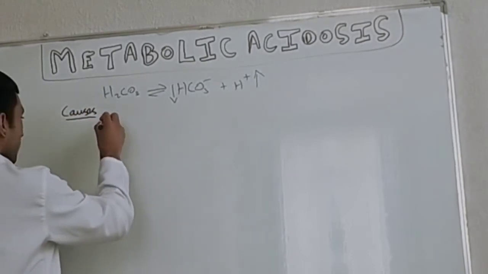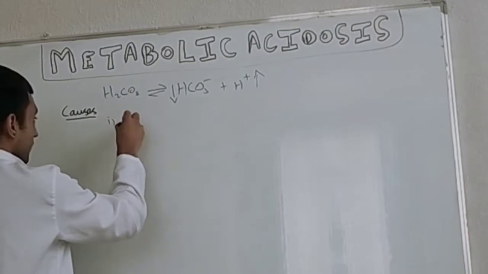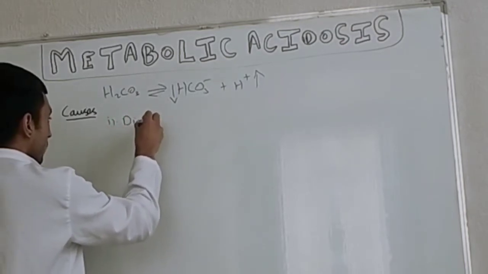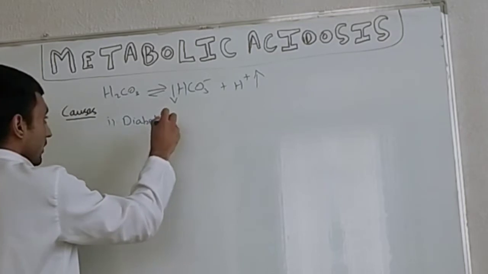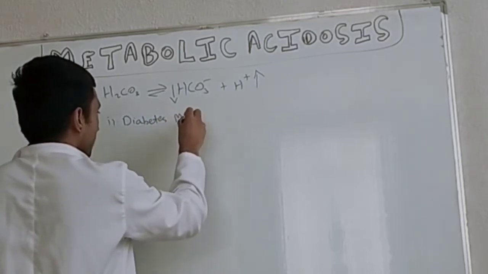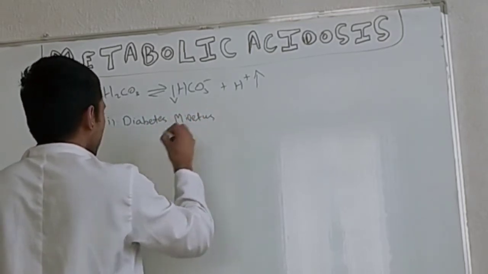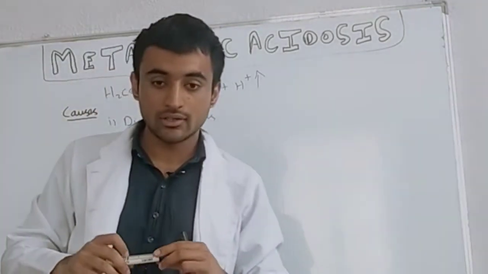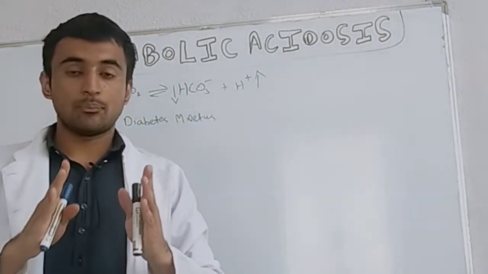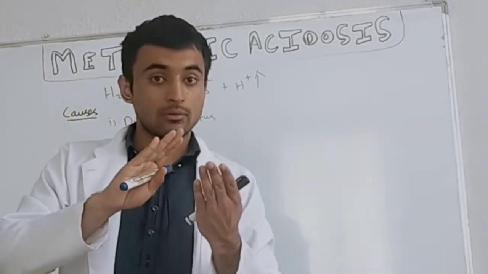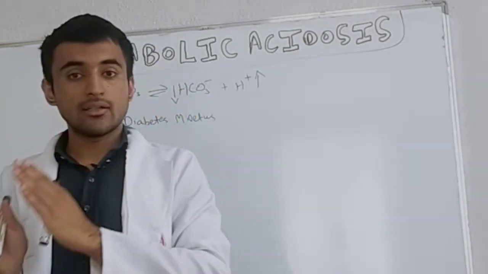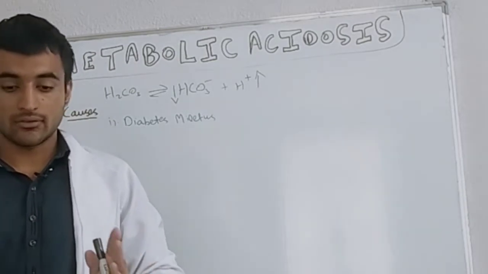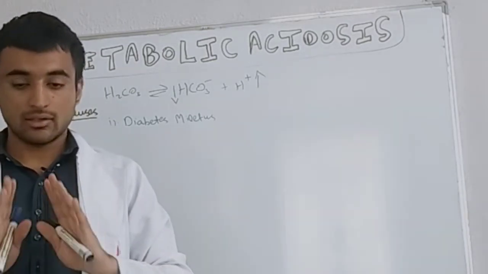First of all, the first cause is diabetes mellitus. Diabetes mellitus is a major contributing factor in causing metabolic acidosis. So how does diabetes mellitus cause metabolic acidosis? Normally insulin pumps the potassium ions from the blood into the cells, but in the case of diabetes mellitus, insulin is lacking.